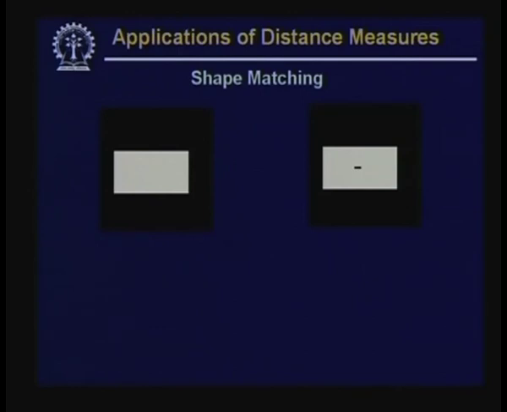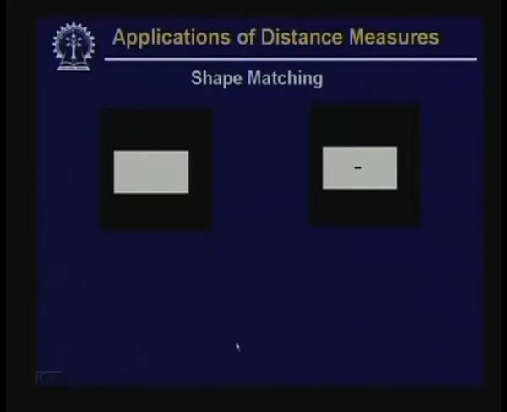But if I simply go for matching these 2 shapes, they will be almost similar. So, just by using these original figures, I cannot possibly distinguish between these 2 shapes. If I want to say that these two shapes are not the same, that they are dissimilar, in that case I cannot work on these original shapes, but I can make use of some other feature of this particular shape. So, let us see what is that other feature.